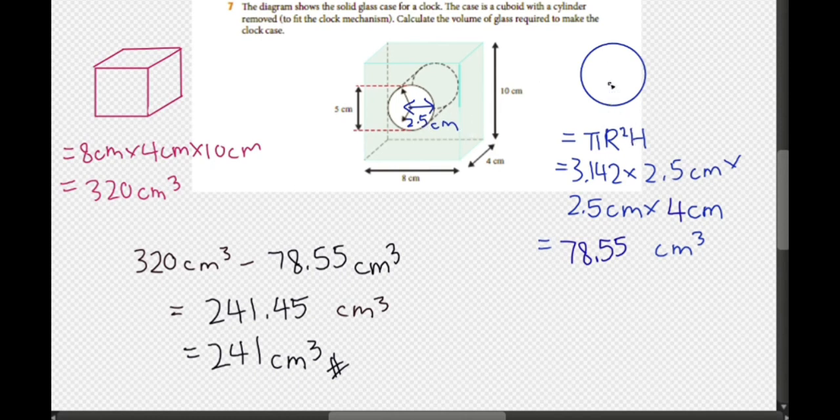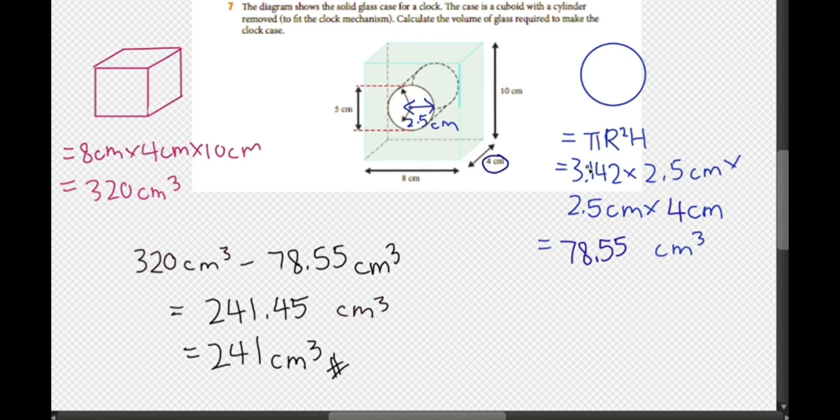So now we know that our radius is 2.5 cm and the height here is 4 cm because, as you can see here, the width of the cuboid is 4 cm, which is also the height of the cylinder.